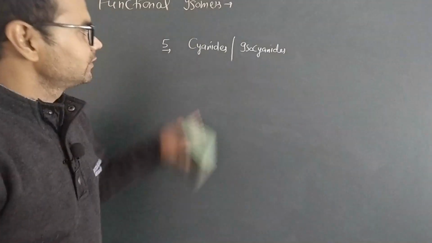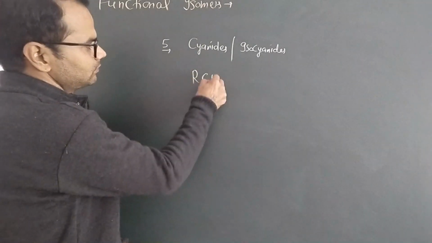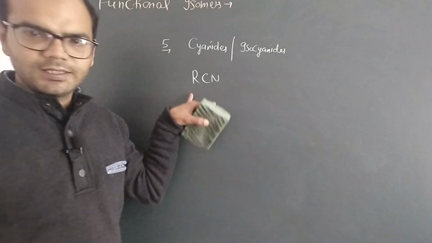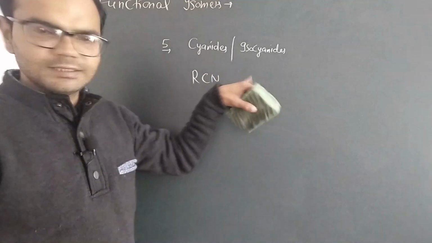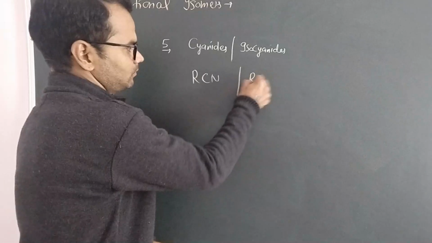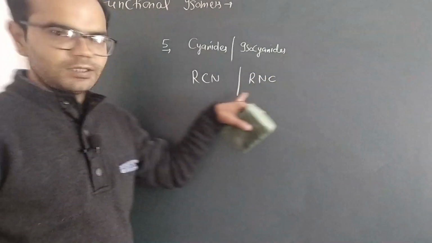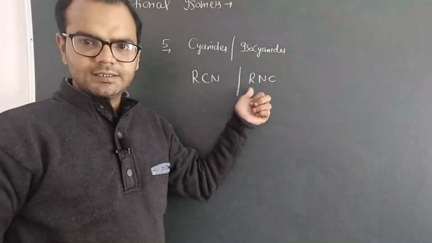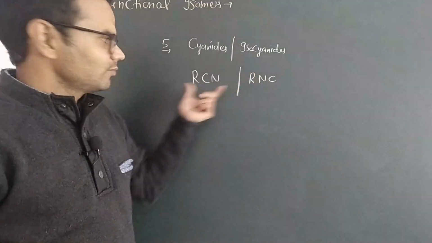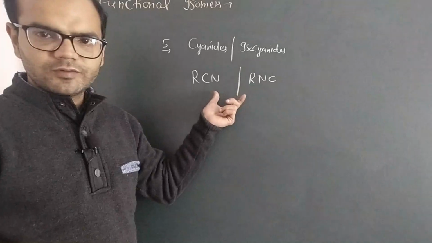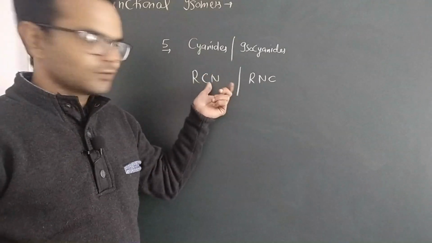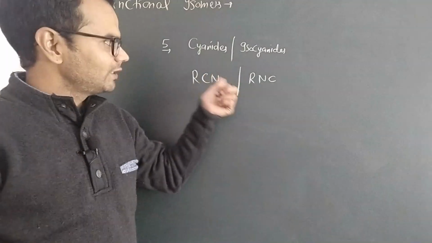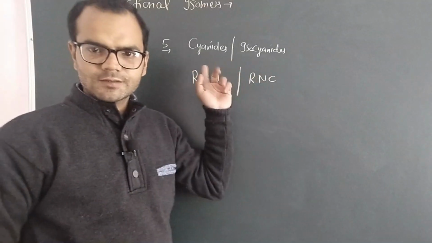For example, we have RCN, where R is any alkyl group, and isocyanide is written as RNC. This is alkyl cyanide and this is alkyl isocyanide. So we can say both have the same molecular formula, but their suffix and their functional groups are different. That is quite easy, cyanides and isocyanides.